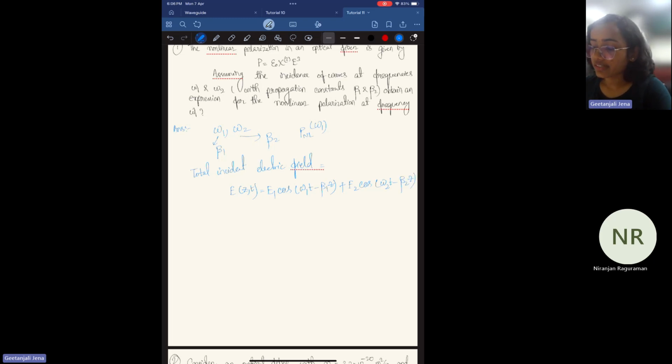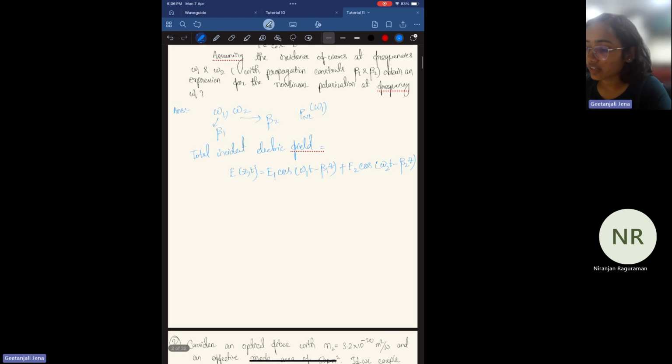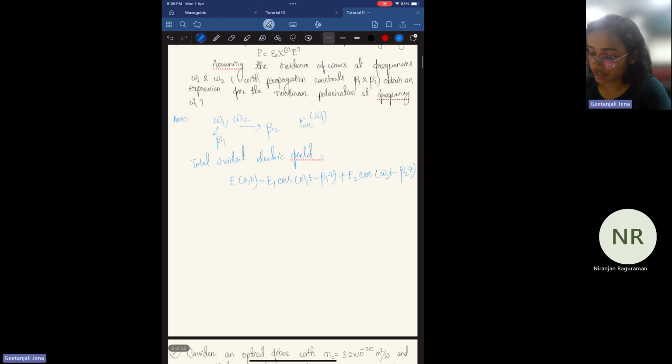In the previous live session, we took the cube of this electric field and expressed it in terms of cos only. But for this problem, I will give a totally different approach. We can also take the exponential form to find the nonlinear polarization.